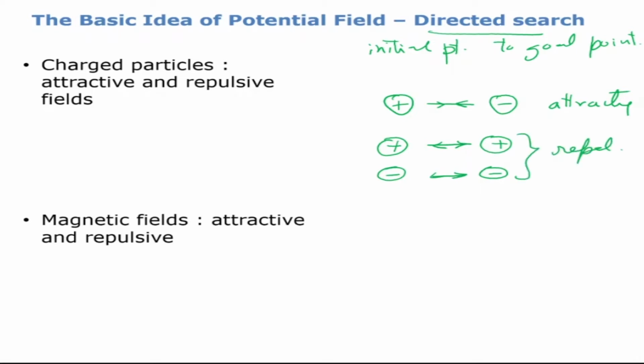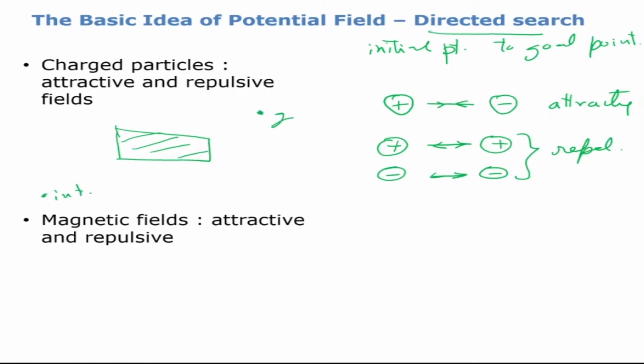Now if I can assign potential or charges to the goal, the robot and the obstacle, then this attraction and repulsion can be made use of in directing the robot to go from the initial point to the goal point. For example, there is a robot standing here, there's an obstacle, and there's a goal. That's my goal and that's my initial point.